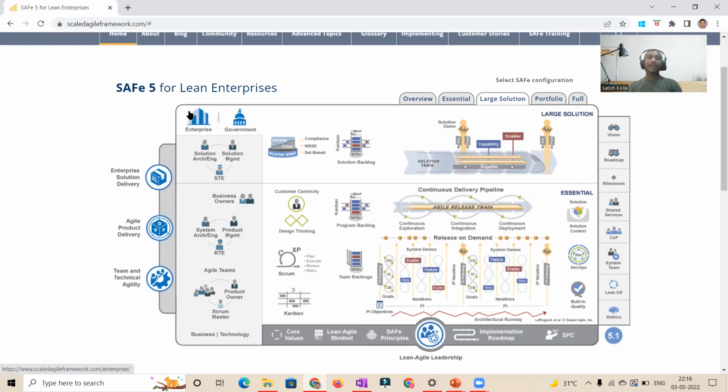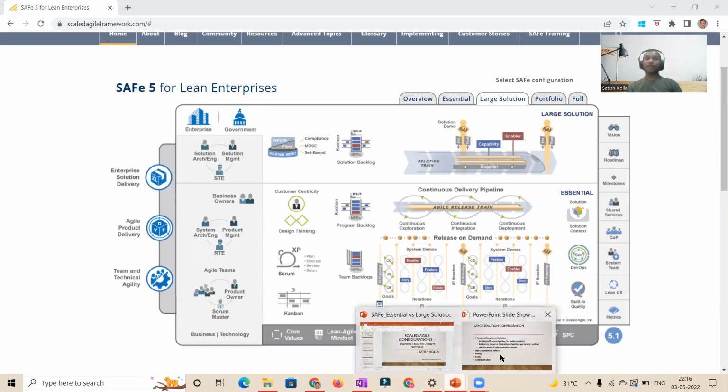And as we see here, the enterprise as well as the government came into context, which means there are some organizations where they are only working on one single solution. If that is the case, the context of enterprise as well as government comes into play from the solution implementation perspective. Right?